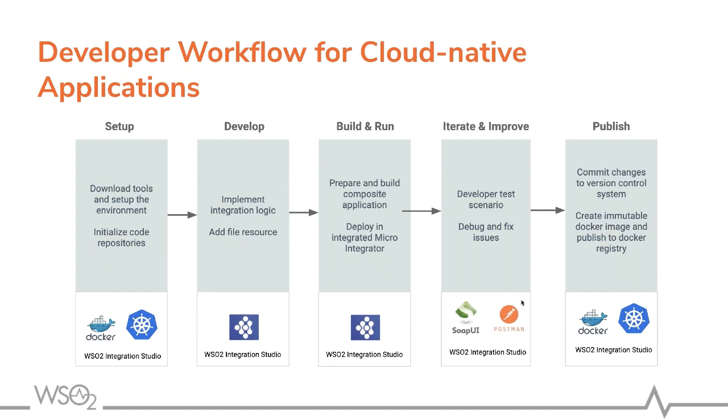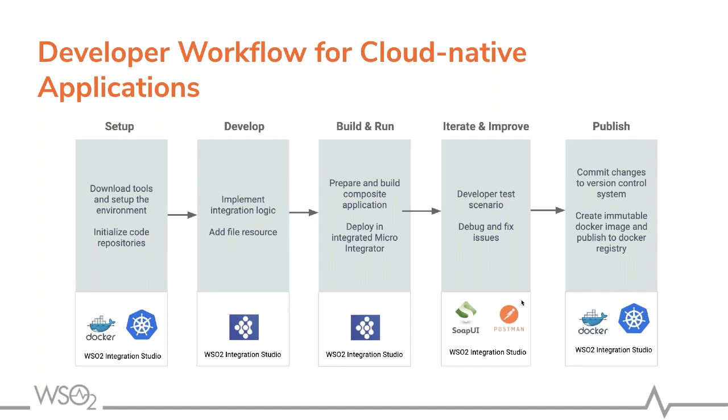If I take you through the developer workflow for cloud native applications, it is pretty much the same as the developer workflow for traditional integrations, where you set up your Integration Studio, and in addition to the Integration Studio, you might need to configure Docker and kubectl. You develop the integration logic or the integration artifacts in the same way as before.